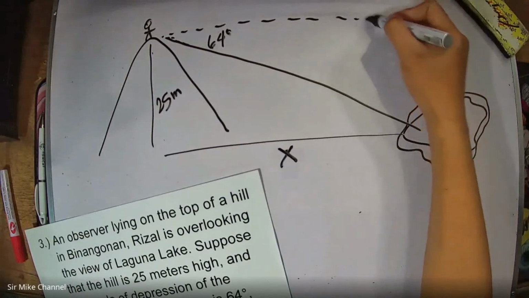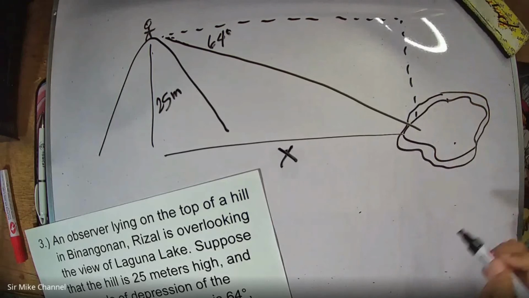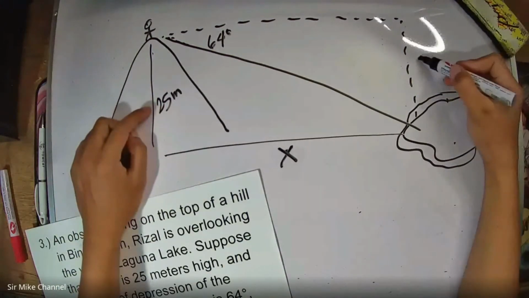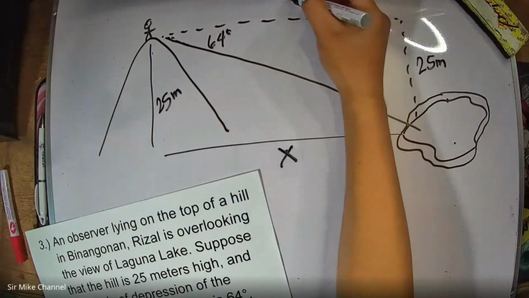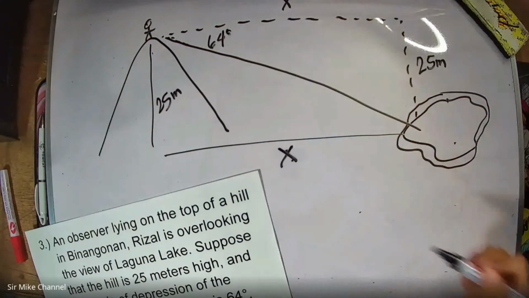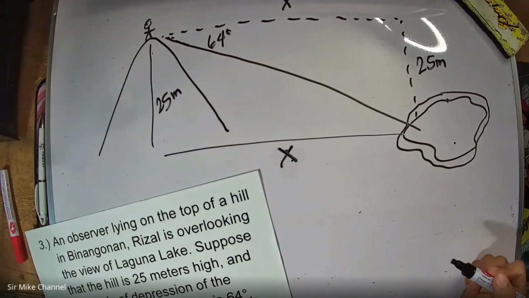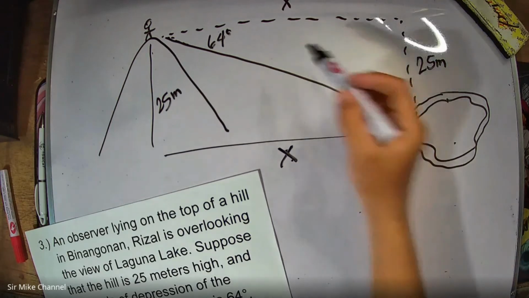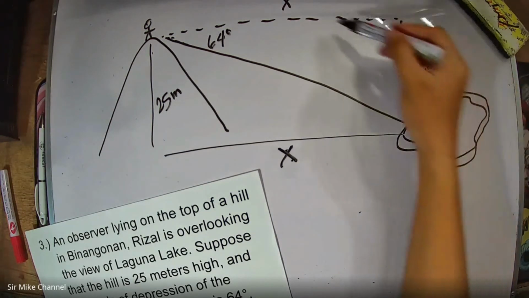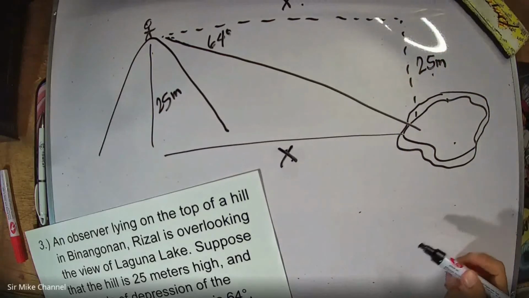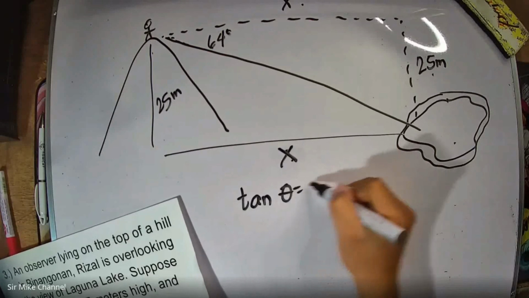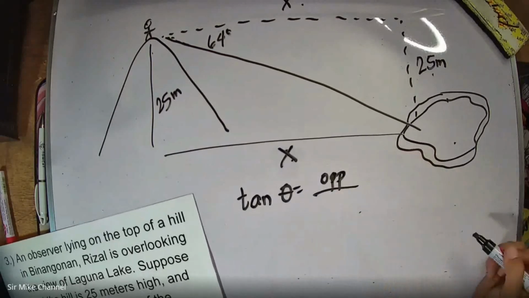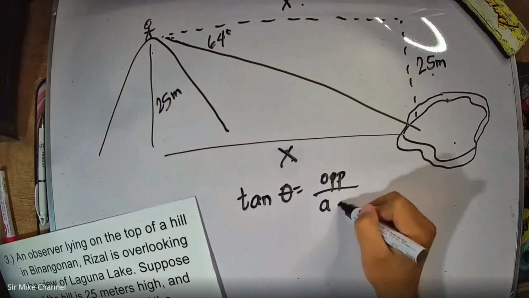So we extend this and make it a rectangle. If this is 25, this is also 25. This is our x, and they are the same, since opposite sides are congruent. That is variable x. Given the opposite and adjacent, we will use tangent theta, opposite over adjacent.